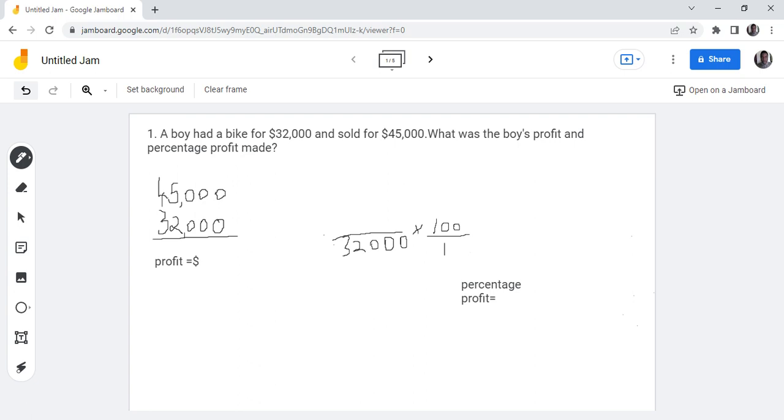So what we're going to do is take away the cost price, which is 32,000, from the selling price, which is 45,000, and the answer that we obtain is equal to the profit. So 45,000 take away 32,000, you're supposed to get an answer of 13,000.